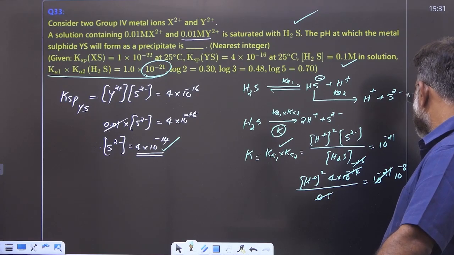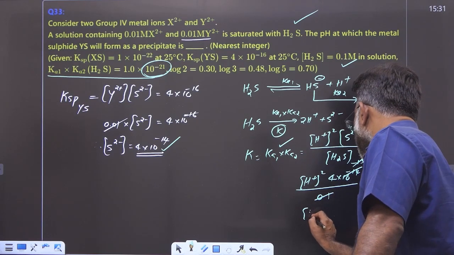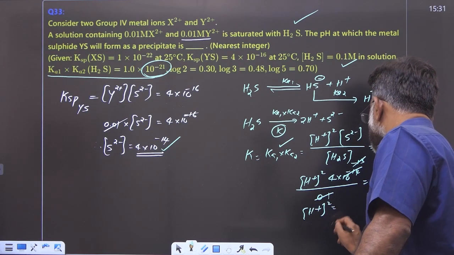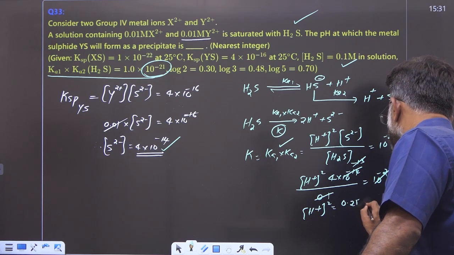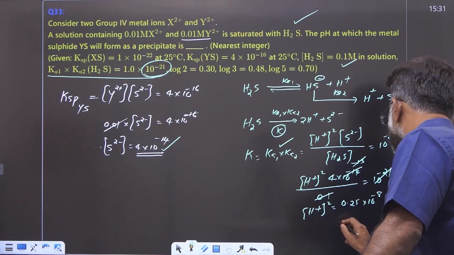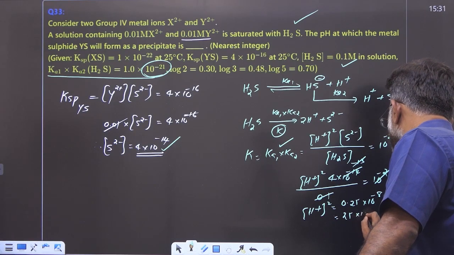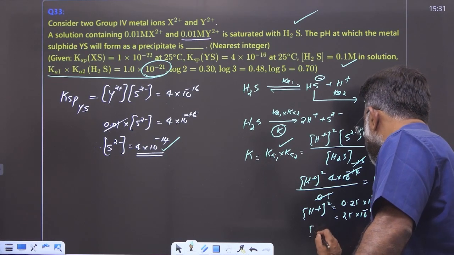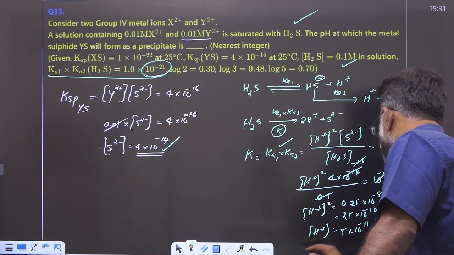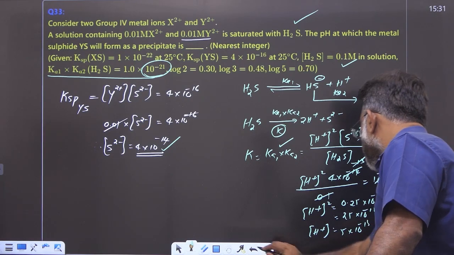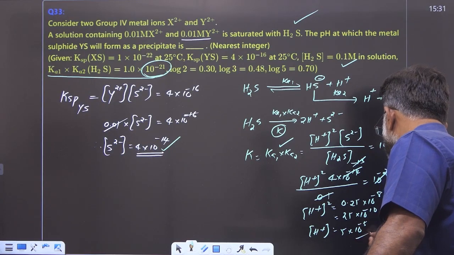So H plus concentration square, this 4 will come here. 1 by 4 means 0.25 into 10 power minus 8. That is 25 into 10 power minus 10. Therefore, H plus concentration is 5 into 10 power minus 5.